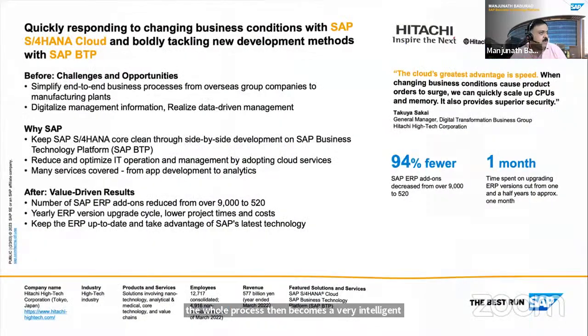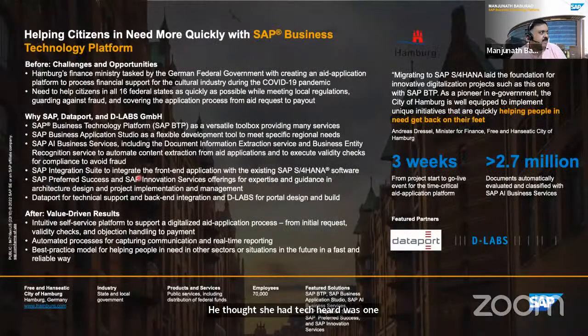Hitachi High-Tech was one thing, but I want to leave you with one big example of the city of Hamburg. When COVID hit, one of the biggest hit groups were people doing cultural activities, like opera singers, actors, and theater artists. So the German government told the IT department of the city of Hamburg to build an application wherein these cultural workers could put across where they need money on a daily basis for their expenses, because theaters and everything were not running.